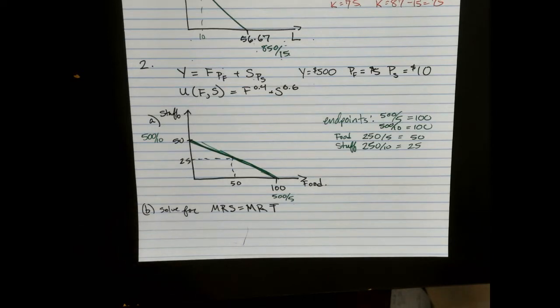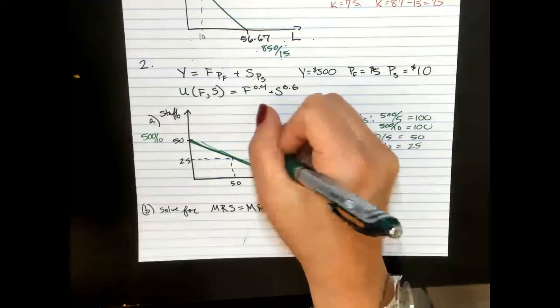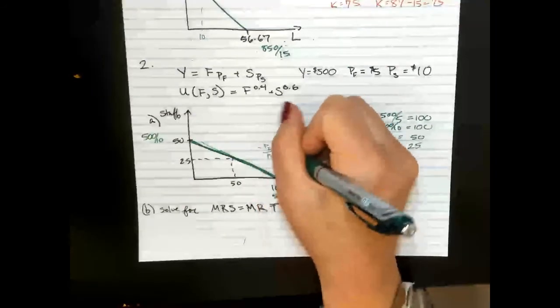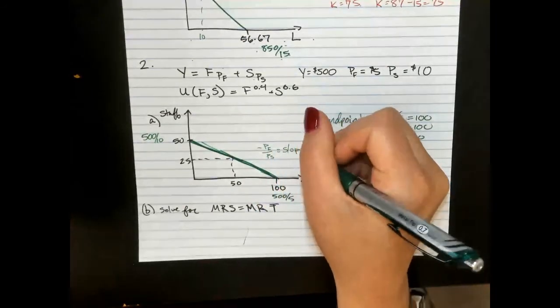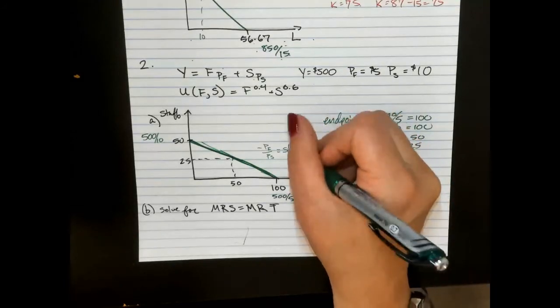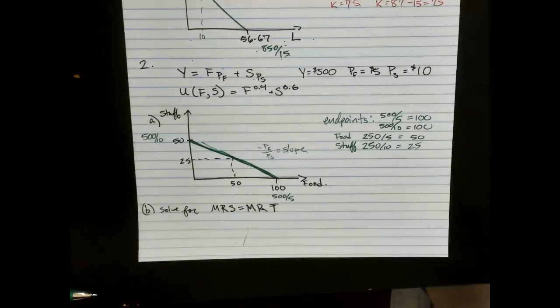So what we can do here is say that the slope of the budget constraint is going to be negative PF divided by PS. And we're going to want to keep that in mind when we solve our problem here. We also want to remember what the slope of the indifference curve is.